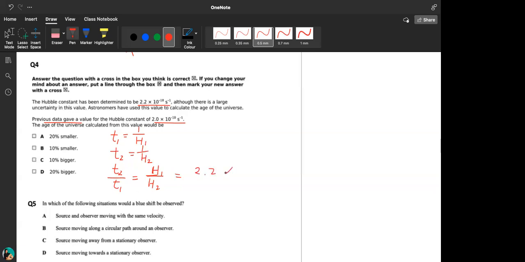2.2 minus 18. Again, sorry about my speed. I forgot my pen today. 1.1. Okay, so that means T2 is 1.1 T1.